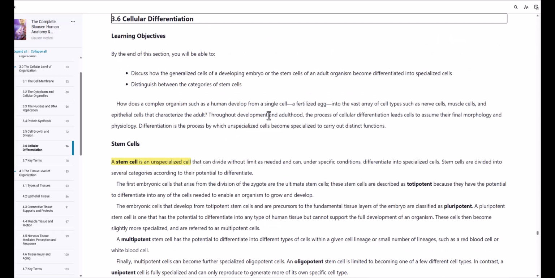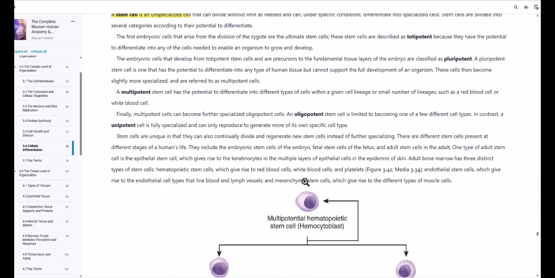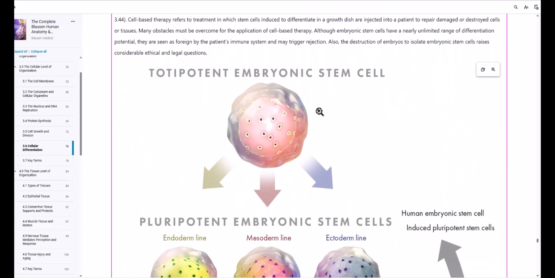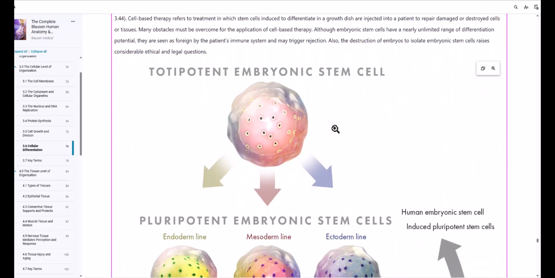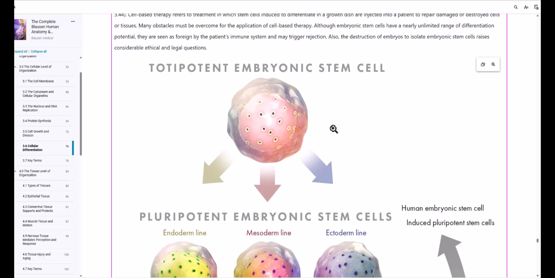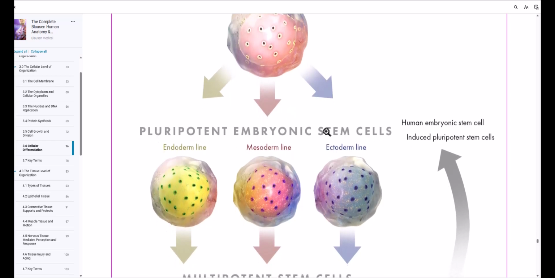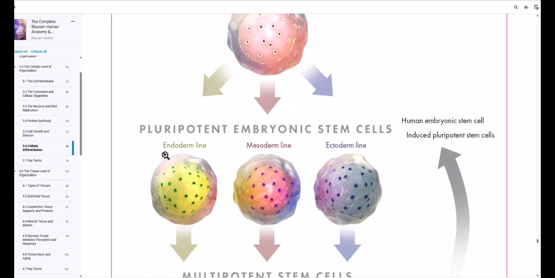The first ball of cells are also totipotent, but early on in the embryological development, that ball of cells begins to form three distinct layers: the endoderm, the mesoderm, and the ectoderm.